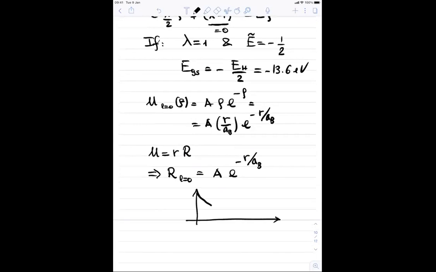So the radial function of this, it is called the 1s state, by the way, is simply a decaying exponential. And as I promised, it is more concentrated towards the origin because the S states have L equals 0, and they like to stay close to the origin. Obviously, not all in the origin. So you accumulate a little bit towards the origin, the peak is there, but then you decay.